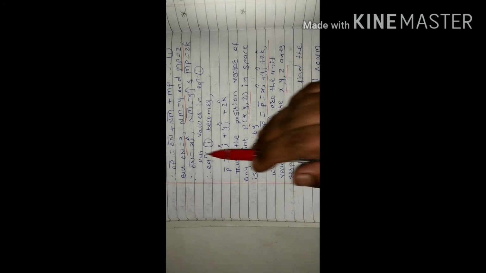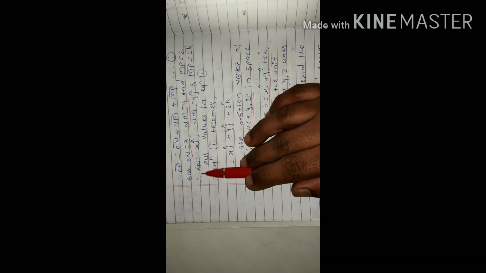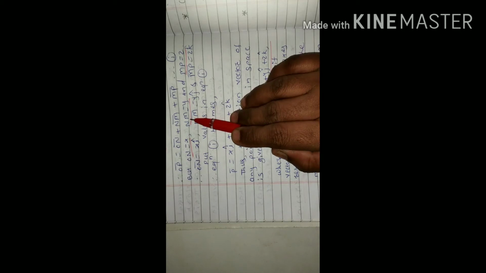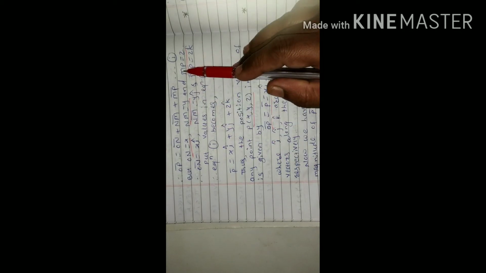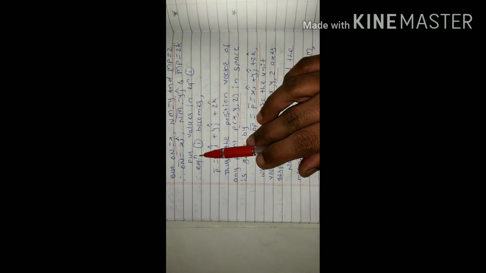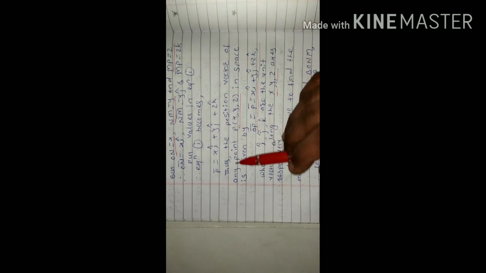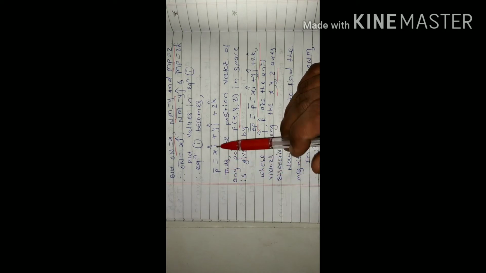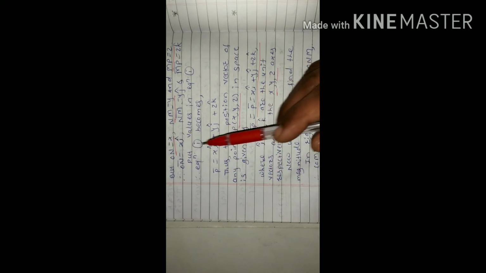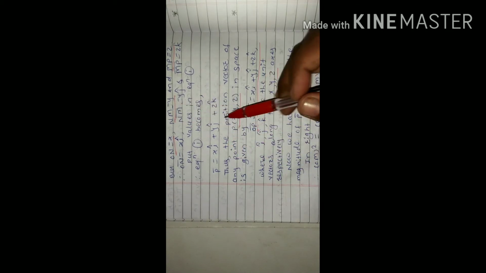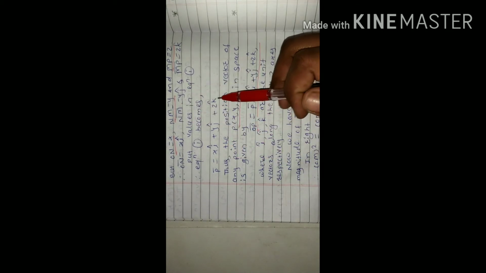Therefore, ON bar is equal to x i cap, NM bar is equal to y j cap and MP bar is equal to z k cap. Putting these values in the above equation first, OP bar is equal to x into i cap plus y into j cap plus z into k cap.